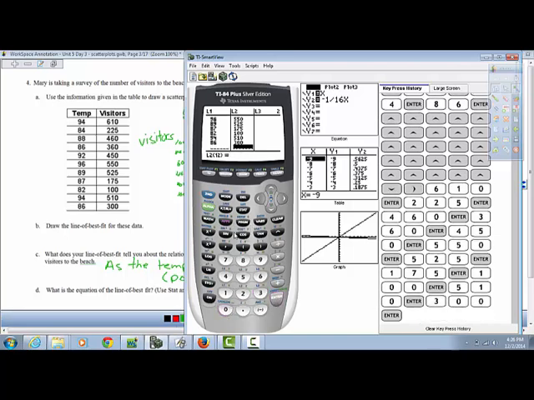Okay, now we have all of our values entered into L1 and L2, so I'm going to press stat again. Now I'm going to arrow over to calc, so I'm going to press the right button.